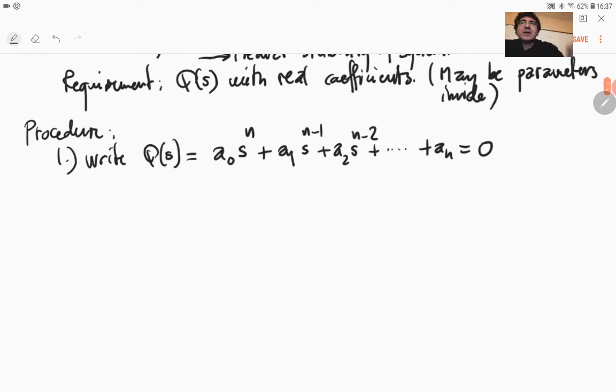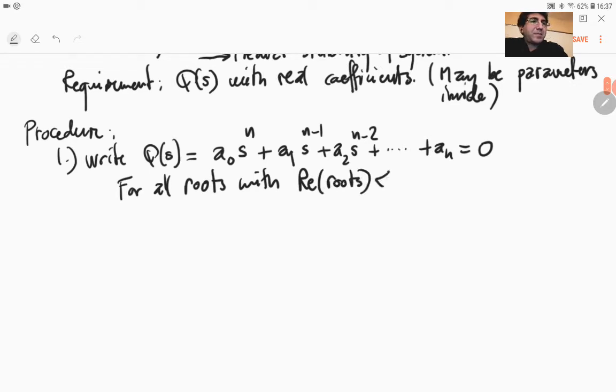Now, in order for all roots to have real parts on the left half plane, the first thing is the necessary but not sufficient set of conditions.